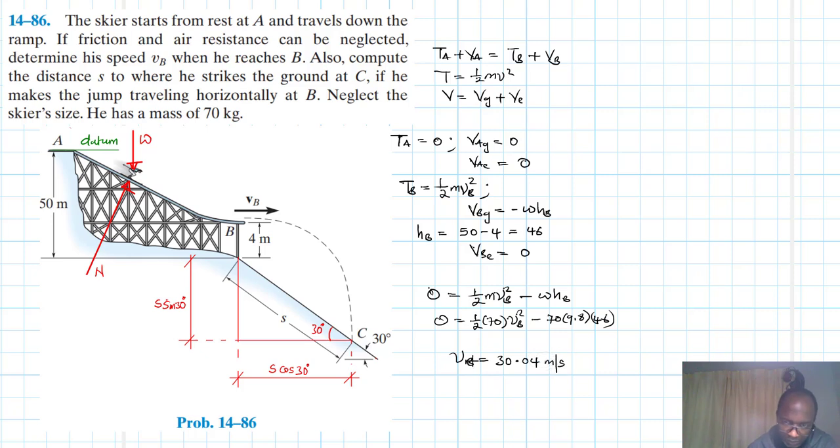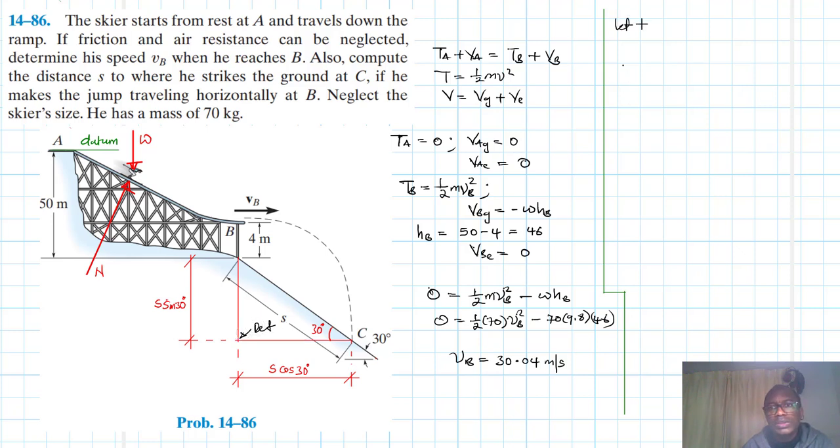Let's work it out again: 70 by 9.81 by 46 divided by 0.5 by 70, and then the square root of that, 30.04. Okay, so let's take this as our reference.